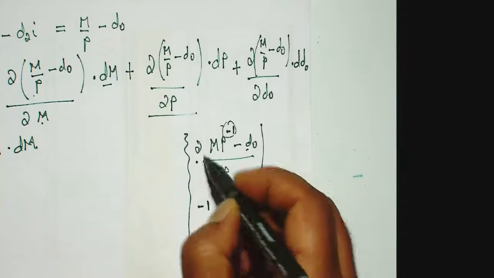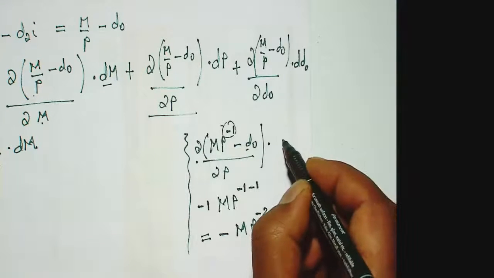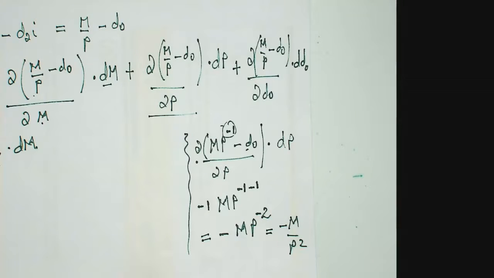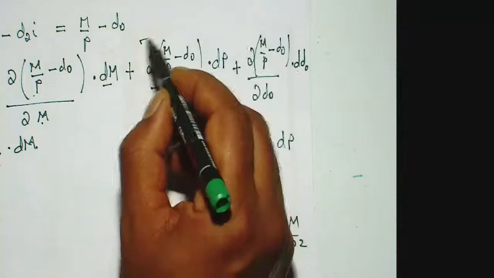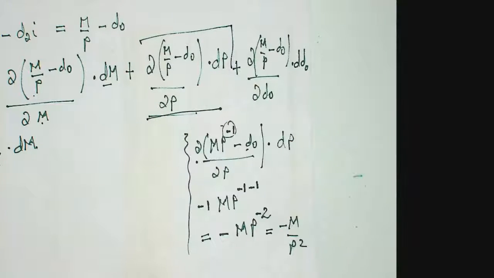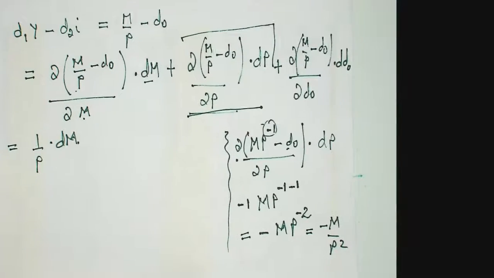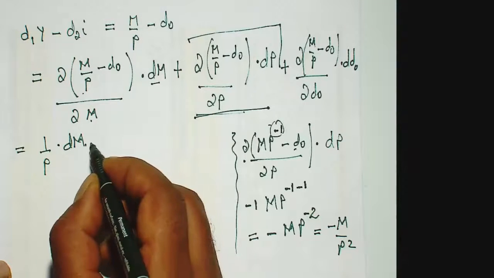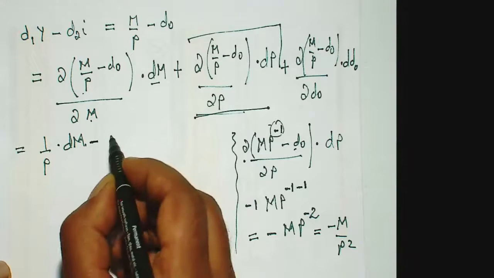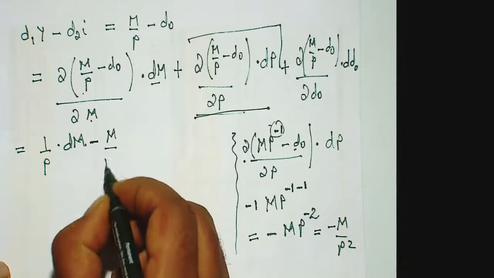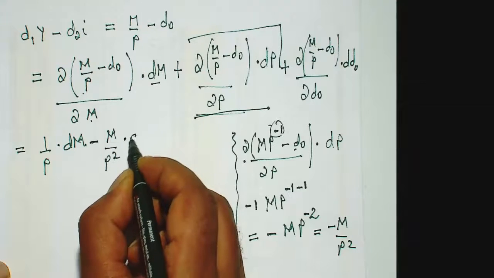So this term is entirely multiplied by dp, as we have seen earlier. So the partial derivative of this term here can be written as, I have mentioned it earlier, m over p squared multiplied by dp.